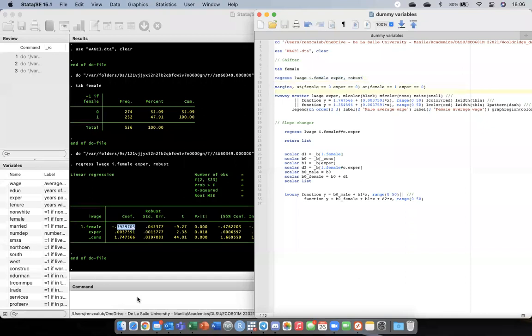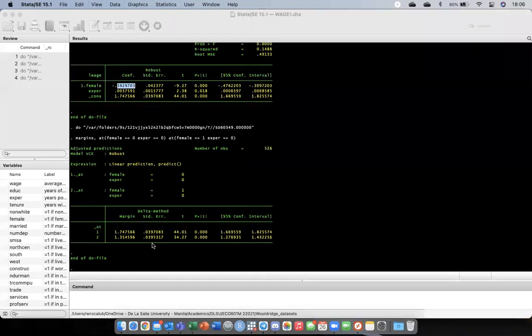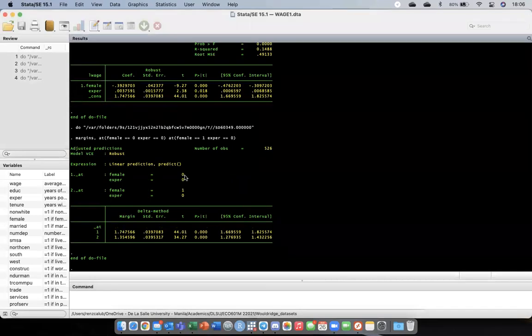Okay? So on average, let's try to run this line 11. On average, after controlling, assuming zero work experience, this first line refers to the situation where all respondents are males.